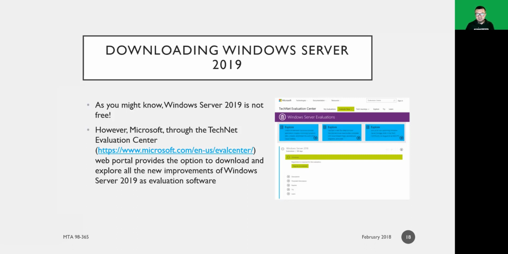So you can get Windows Server 2019 for 180 days, and it's full featured. When I say full featured, it means that once you install it, you have all of the features of Windows Server 2019, and with your internet connection, that evaluation version is going to be automatically activated.